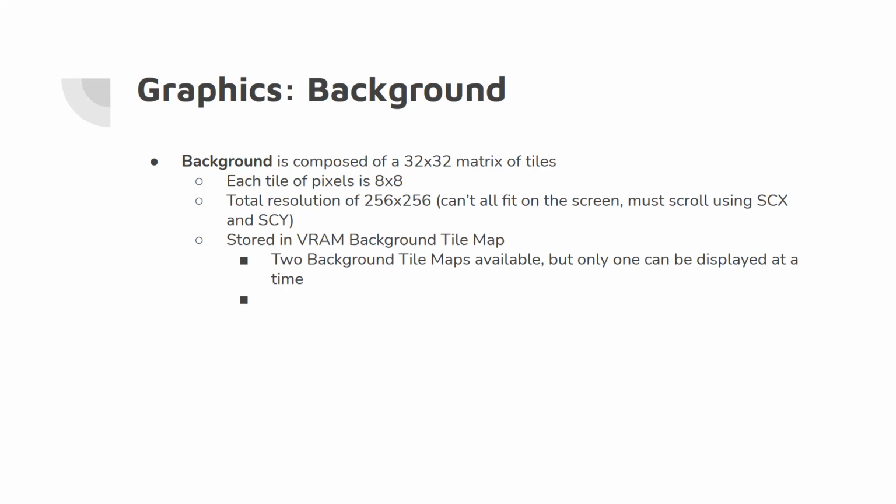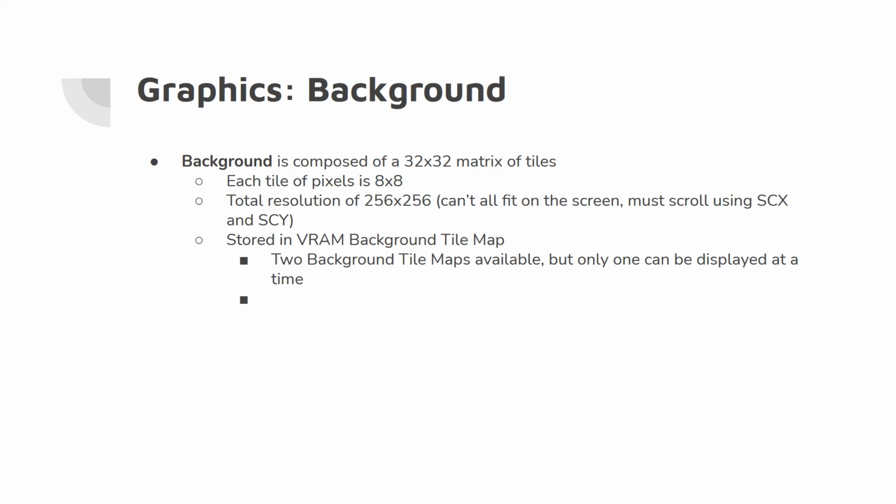If you've ever had a Game Boy, you remember moving your character to the edge of the screen, and then the background scrolls with your character. That's because that background is bigger than the graphical display. So you can have a background of up to 256 by 256, and that would be a scrolling background.